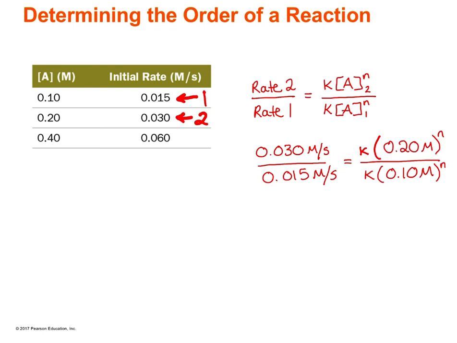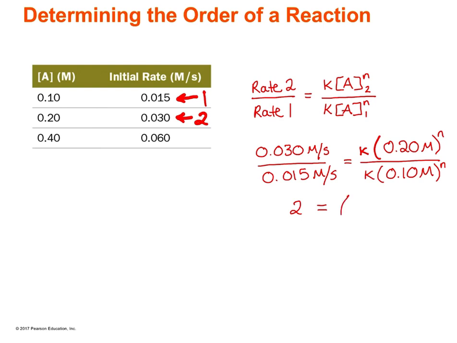Okay, so now we can simplify this. 0.03 divided by 0.015 is 2, and the units cancel, so we don't have to include those. On the right-hand side, the rate constants cancel, so we can get rid of k.